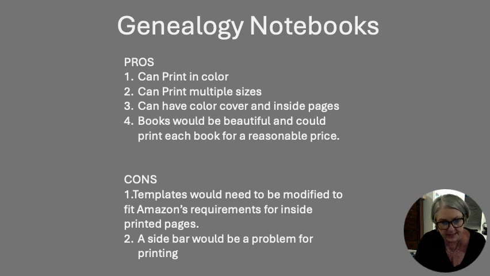But again, maybe without those bars, then I think you could pretty much publish on Amazon. The other thing, some of the books I know have a name printed on the side of the sheet.